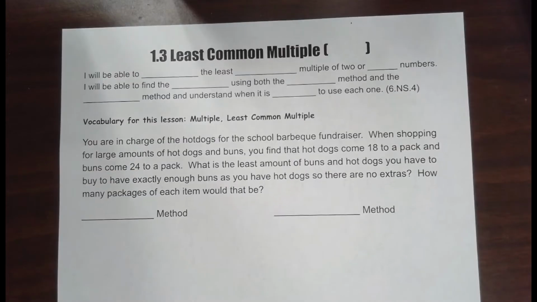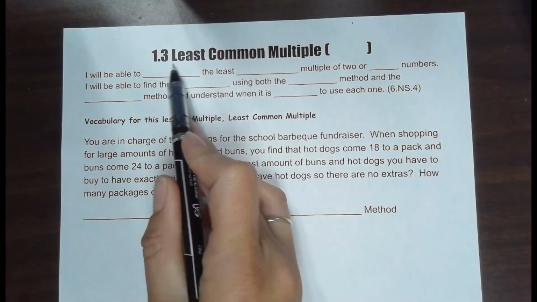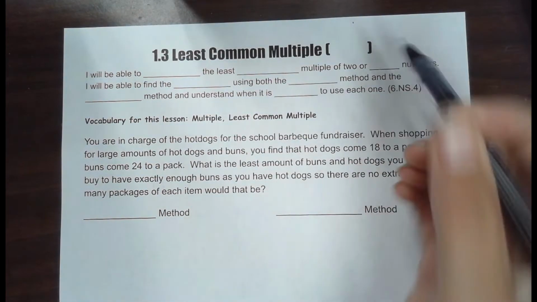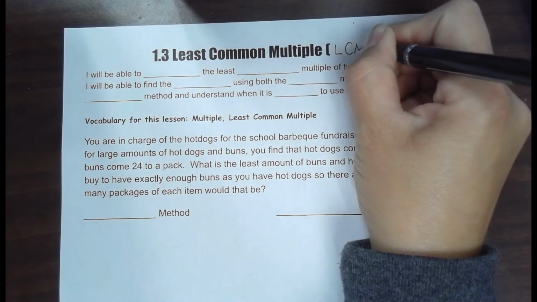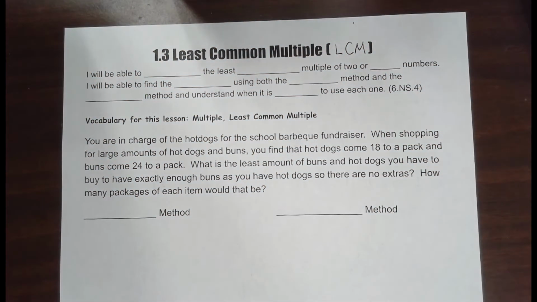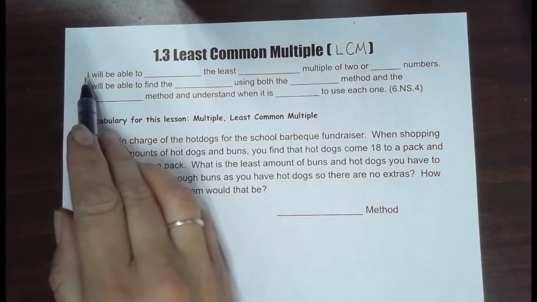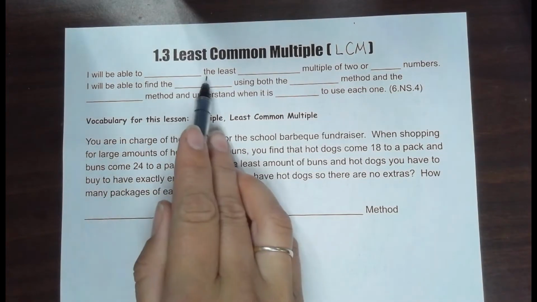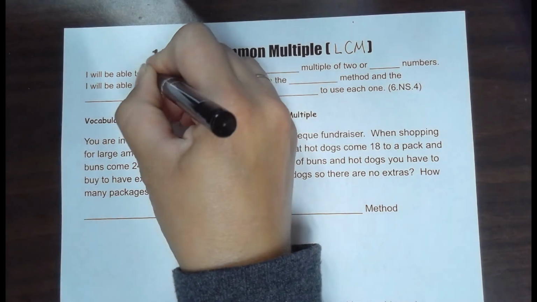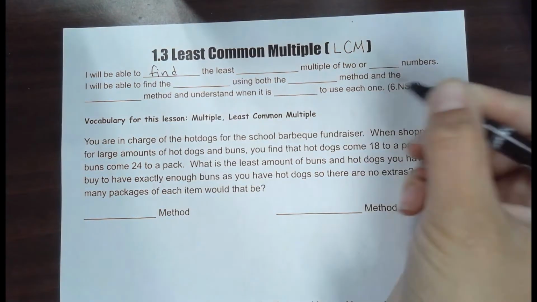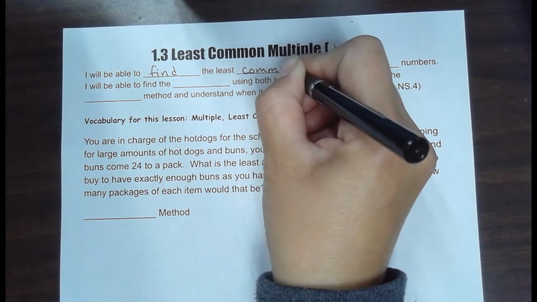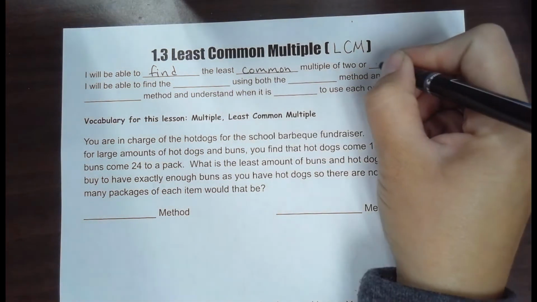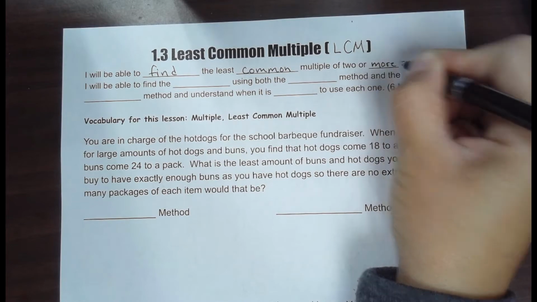Welcome back. Today we're doing lesson 1.3, least common multiple, also known as, just for short, LCM. In this lesson, I will be able to find the least common multiple of two or more numbers.